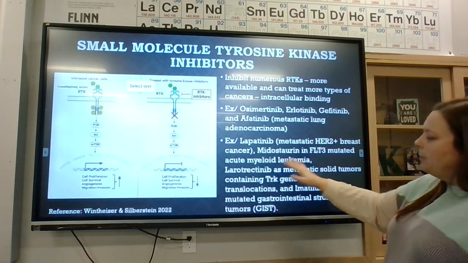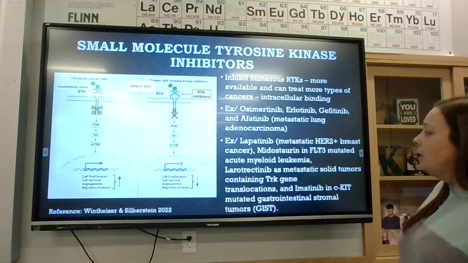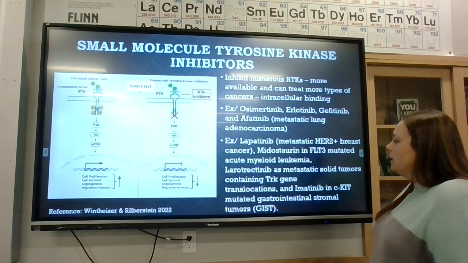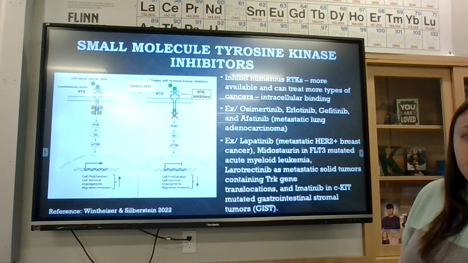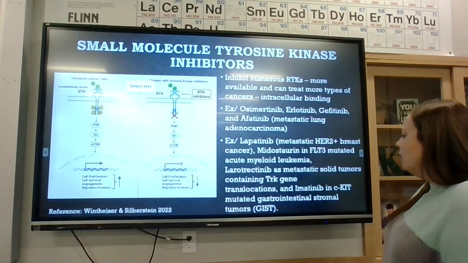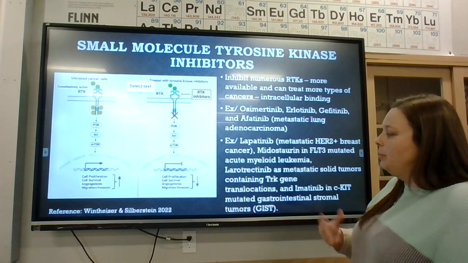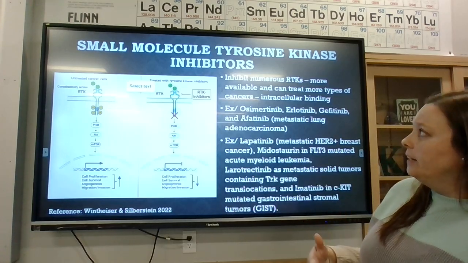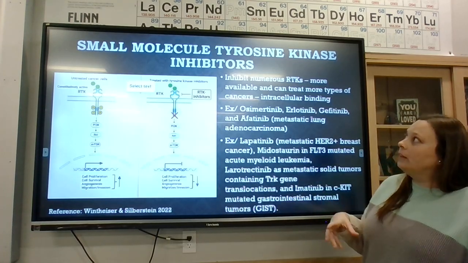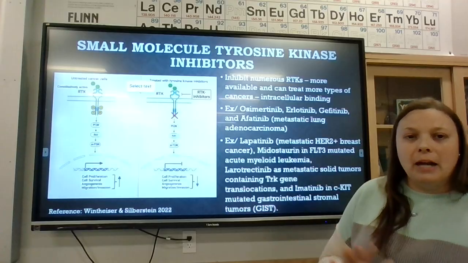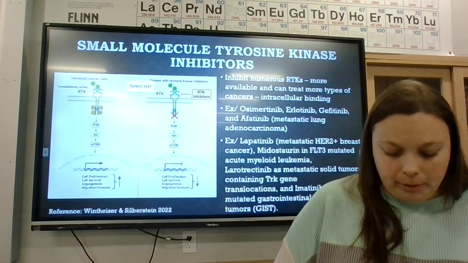There's also some different medications that are listed here for acute myeloid leukemia, as well as solid tumors that contain the TRK gene, as well as some mutated gastrointestinal stromal tumors that can be affected by small molecule inhibitors that block the receptor and therefore block the pathway.